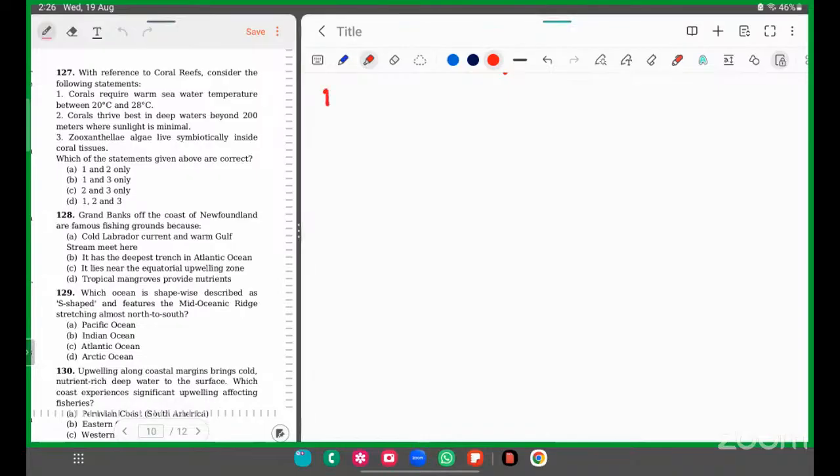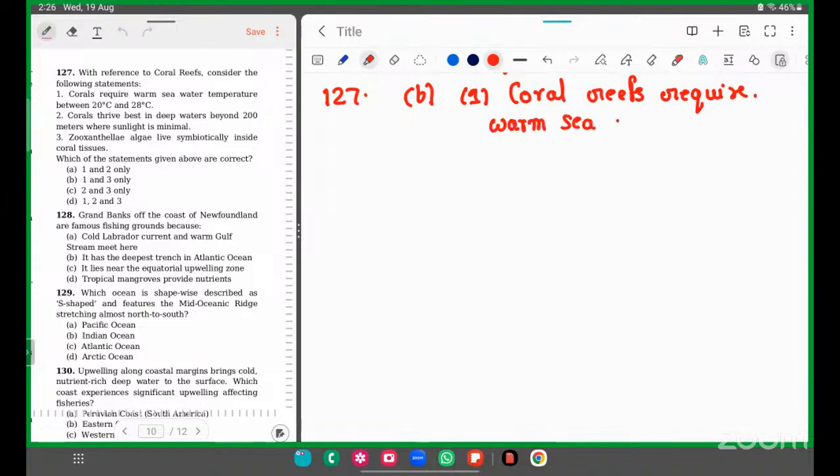So 127 answer will be B. Coral reefs require warm seawater temperature of 20 to 28 degrees Celsius.